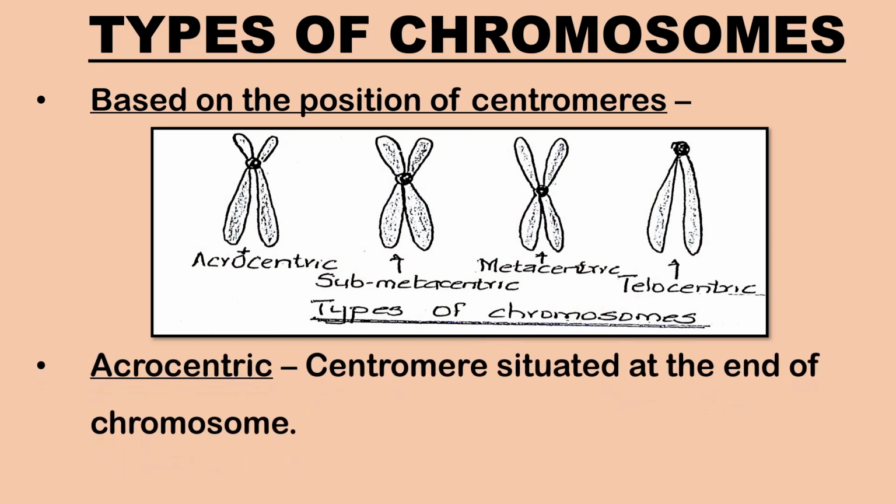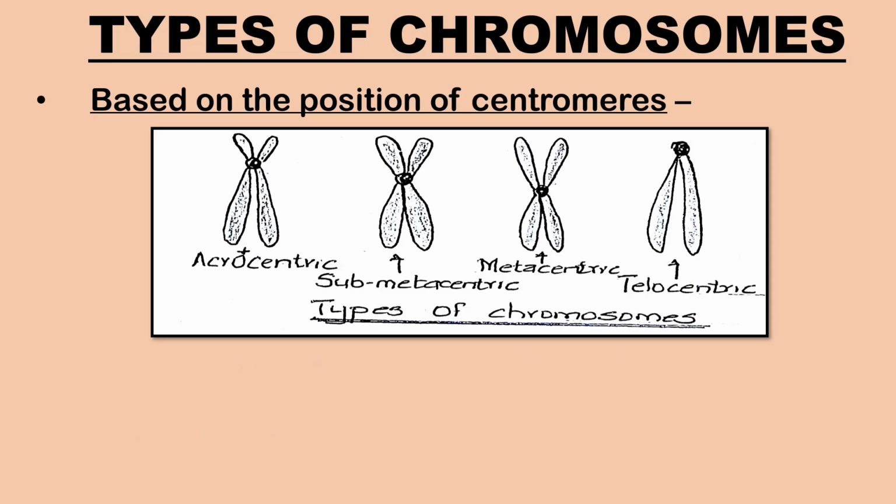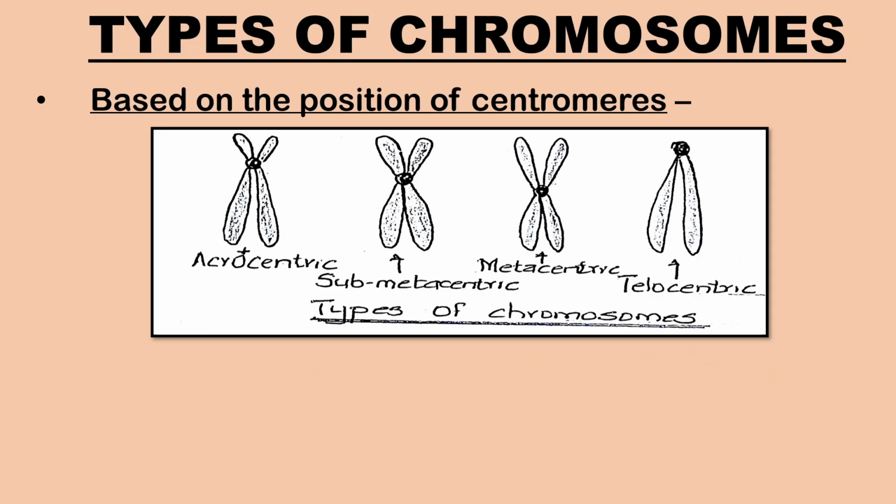In acrocentric chromosome, the centromere is situated near the end of the chromosome, resulting in one arm being very short and the other arm being very long. In submetacentric chromosome, the centromere is situated near the middle region, forming two unequal arms.